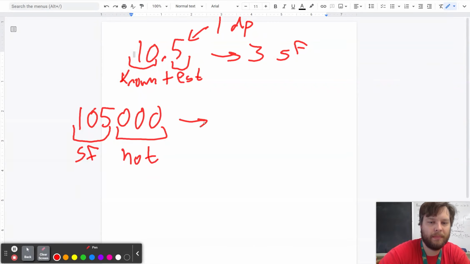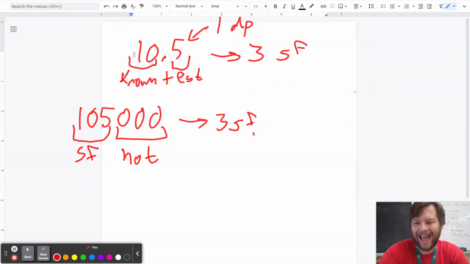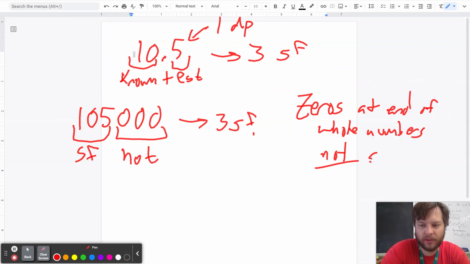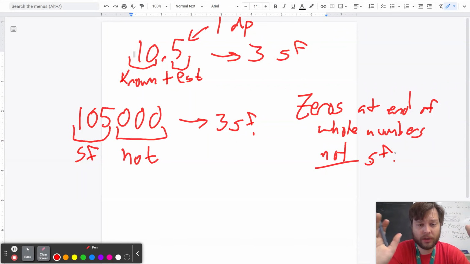And so this number has 3 significant figures. So zeros at the end of a whole number don't count. Zeros at the end of whole numbers are not significant figures. The idea there is you've got a big ruler that can only measure to the nearest 1,000. It can't measure that precisely.